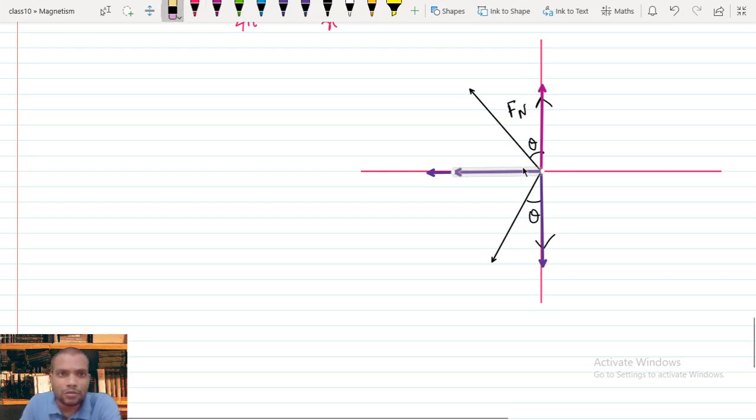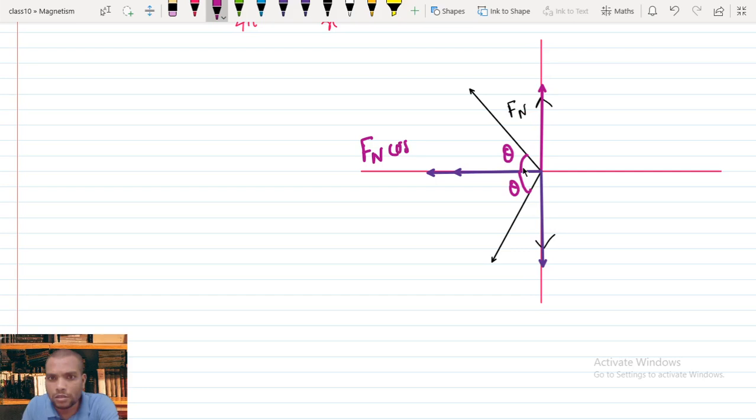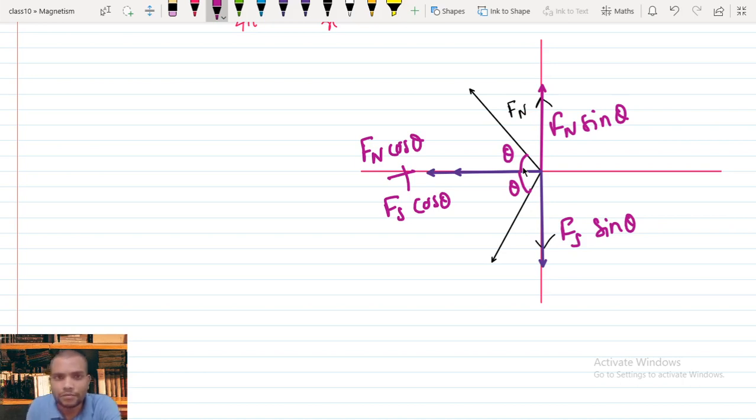We need to mind about theta according to direction; the thetas are theta in both directions. So the two components, Fn cos theta and Fs cos theta, will add up, and the Fn sin theta and Fs sin theta components will cancel out. These two are equal and opposite and they cancel out.